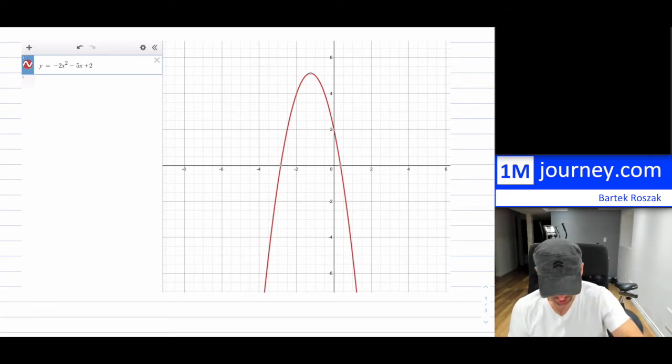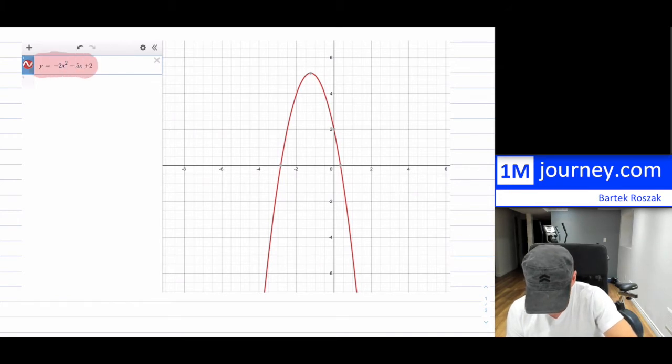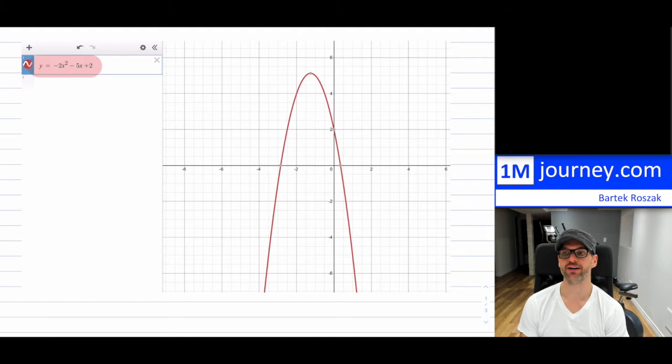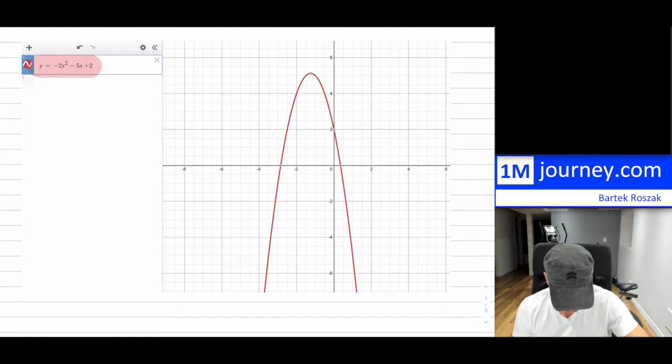Here is your quadratic. So this is actually a relationship between y and x: y equals negative 2x squared minus 5x plus 2. It is graphed out. This one is looking downwards, and it should make sense to you because a is less than 0. And your vertex would be right there.